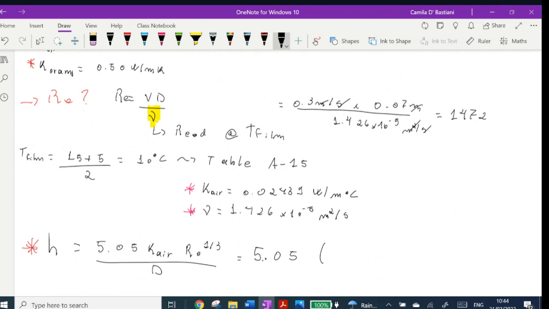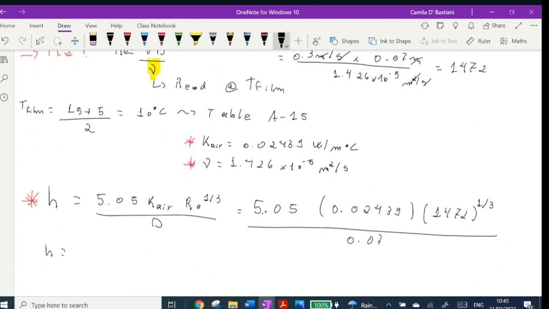The K of the air is the one that we read in the table, so 0.02439 multiplied by my Reynolds number, 1,472, exponent 1 divided by 3, all that divided by my diameter.